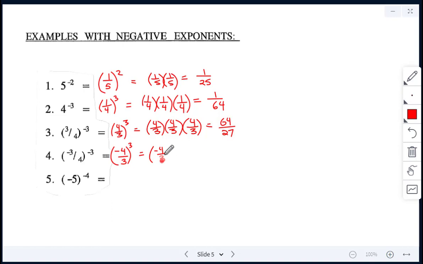So negative 4 over 3 times negative 4 over 3 times negative 4 over 3. Okay, we have an odd number of negatives, so our answer here will be negative. 4 times 4 times 4, which is 64, and then 3 times 3 times 3, which is 27.